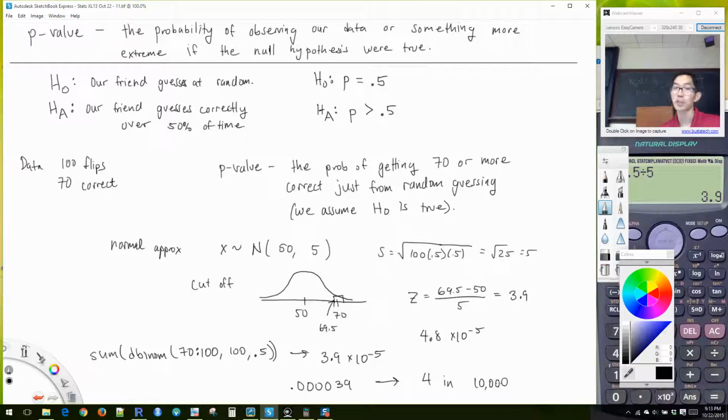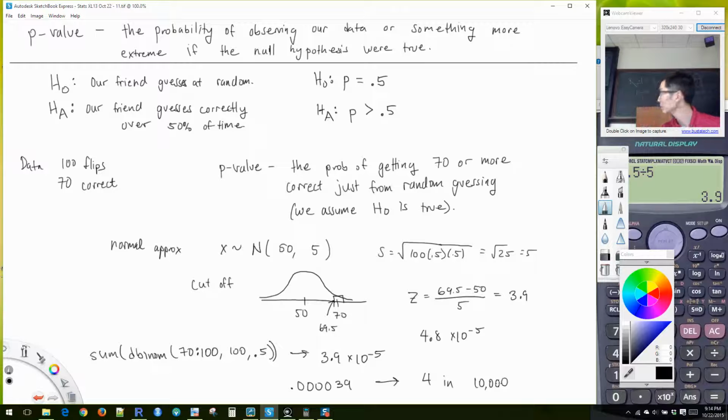So he could be randomly guessing, but the probability of him getting 70 or more correct from random guessing is only about 4 in 10,000. So it's pretty unlikely, is what we're saying. Is this okay?